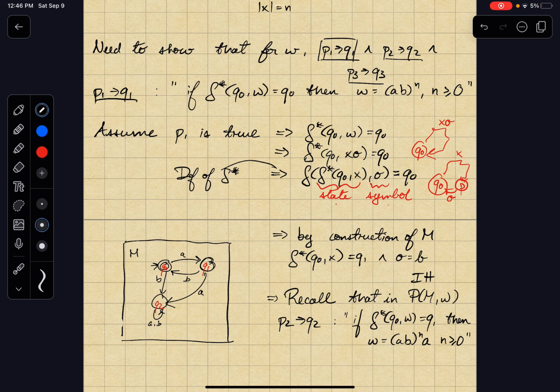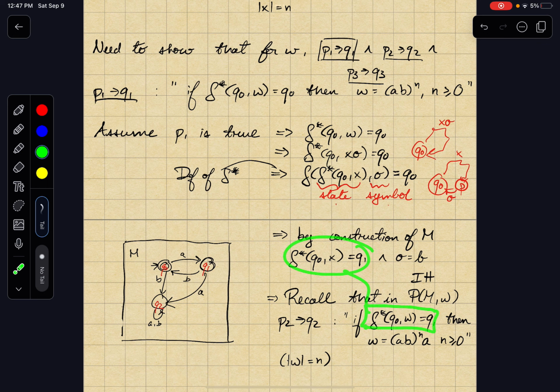And in particular, the inductive hypothesis says that W must have length n, right? So some string W must have length n. And so in this case, because I have a string x and it has length n, and I have this premise, and I know that this is true by the inductive hypothesis, then I can satisfy the premise of this implication, right?